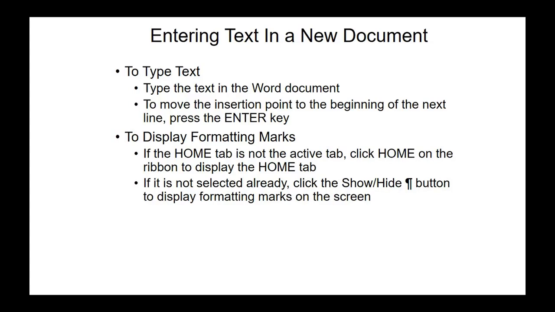Now, if we want to see the different marks that are created in our document, the formatting, we can click on the Show/Hide button that's located in Word, and that will show where we've hit a space, where we've hit the Enter key. If we've inserted a page break, we can see all that. So we just need to make sure that we turn on that feature.